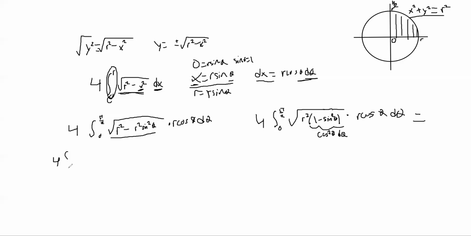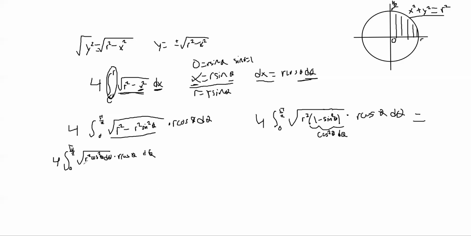So 4 times the integral from 0 to pi over 2 of the square root of r squared cosine squared theta d theta, and then times that r cosine theta again, and then d theta.